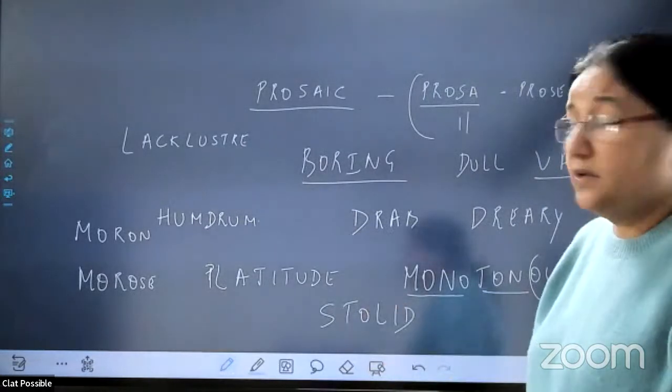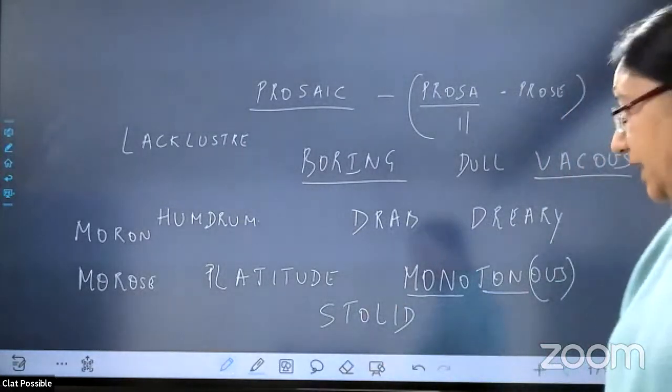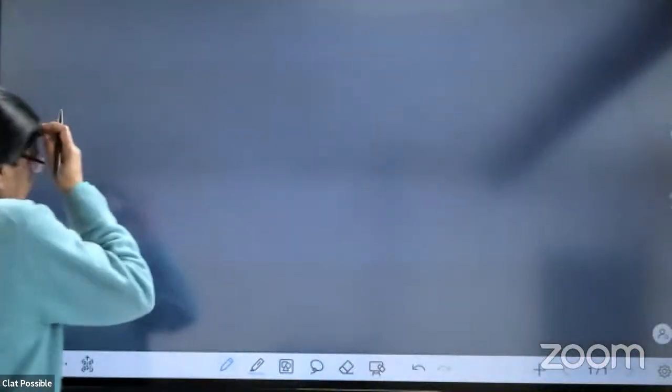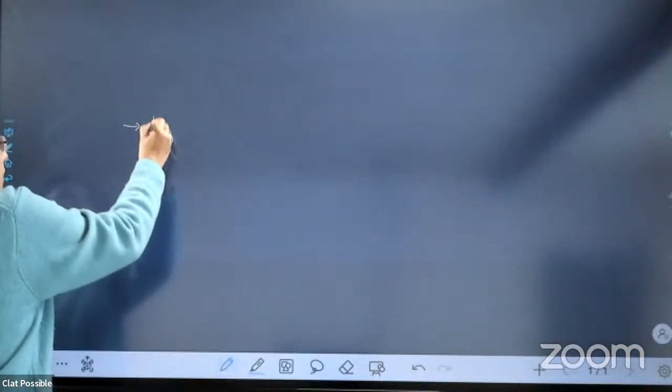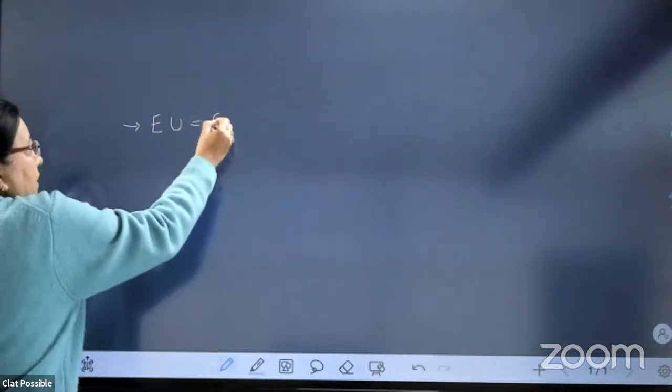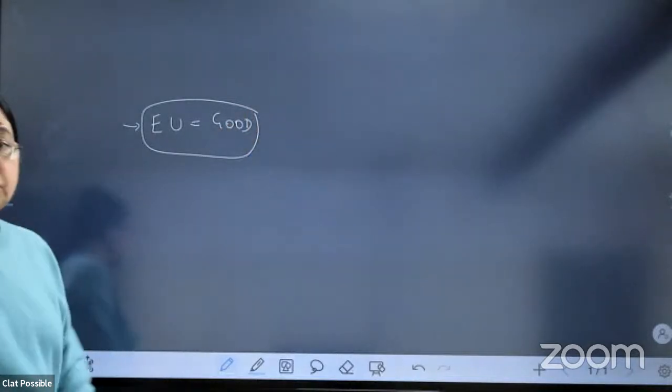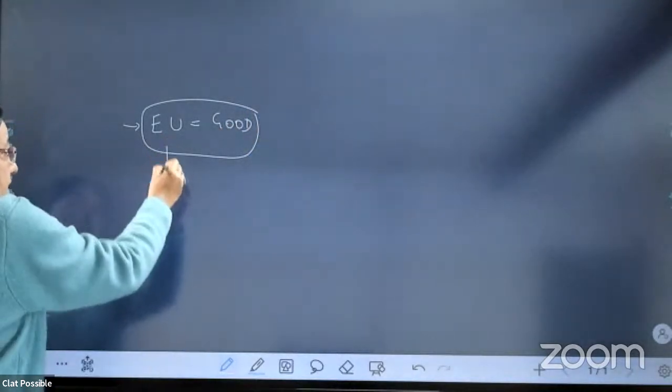So this one, dull, is done. So just 2 minutes we'll revise and we are through then. Okay, chalo, let's quickly revise now. EU, good. 5 words we've done. You have to prepare eulogy.